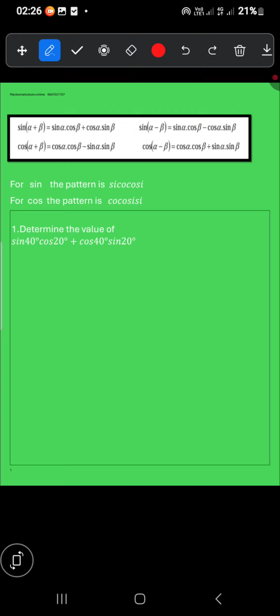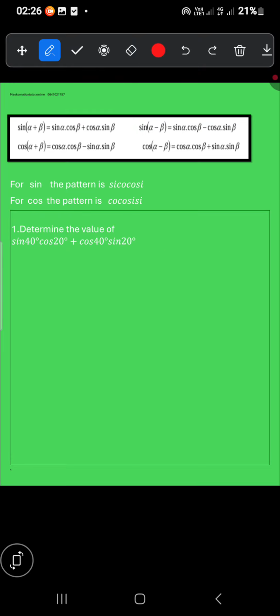Let's look at the question here. We are given this long expression, and they want us to determine the value of it. Note that when we are doing compound angle identities, each trig ratio must appear twice and each angle must appear twice again.